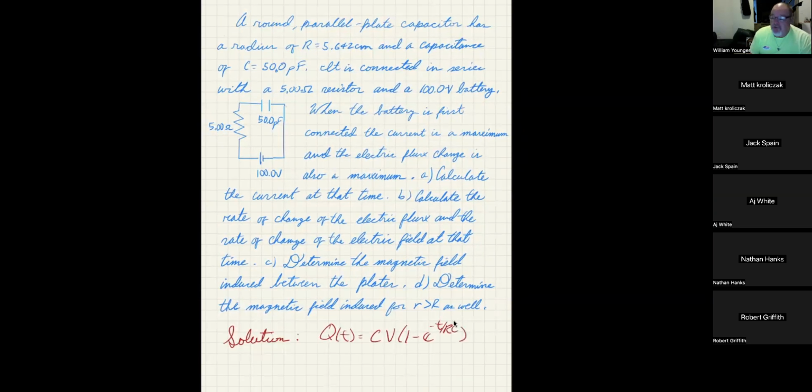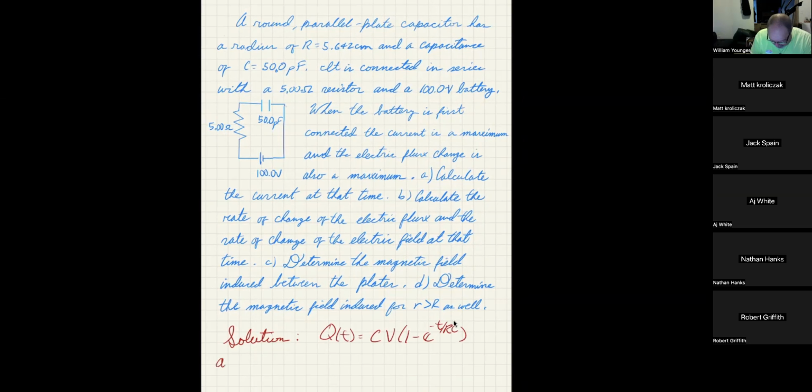The reason I'm going to make use of that is that's the actual charge going through the circuit and landing on the capacitor as a function of time. And in part A, they want us to calculate the current at that time. So the current is going to be dQ/dt, and we can calculate it accordingly.